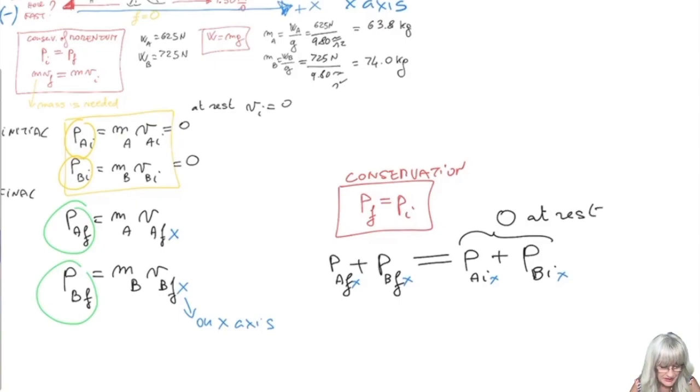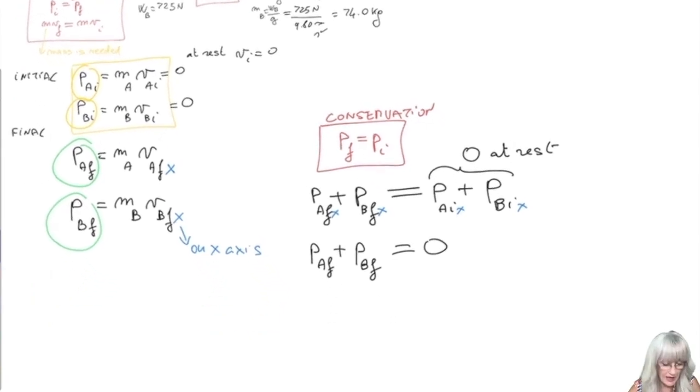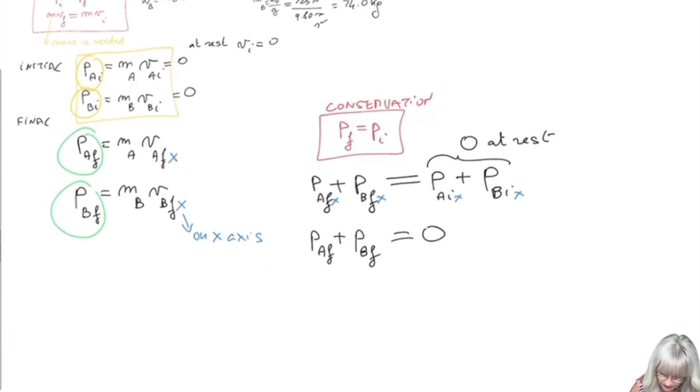The two bodies are at rest. So I'm left with PA final plus momentum of object B final equals 0. I'm going to plug in what I found: MA, velocity of A final, plus MB, velocity of B final equals 0.